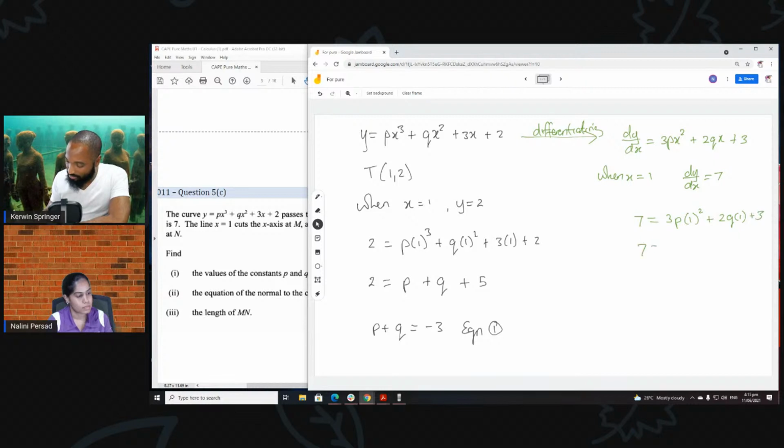So 7 is equal to 3p plus 2q plus 3. So 4 is equal to 3p plus 2q. And that's equation 2. So I can write it like this: 3p plus 2q is equal to 4. That's equation 2. So let me just go on the next page and transfer these two equations.